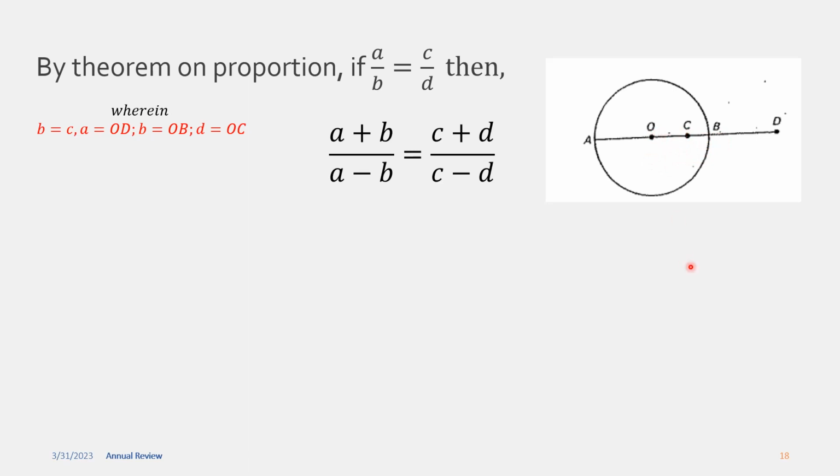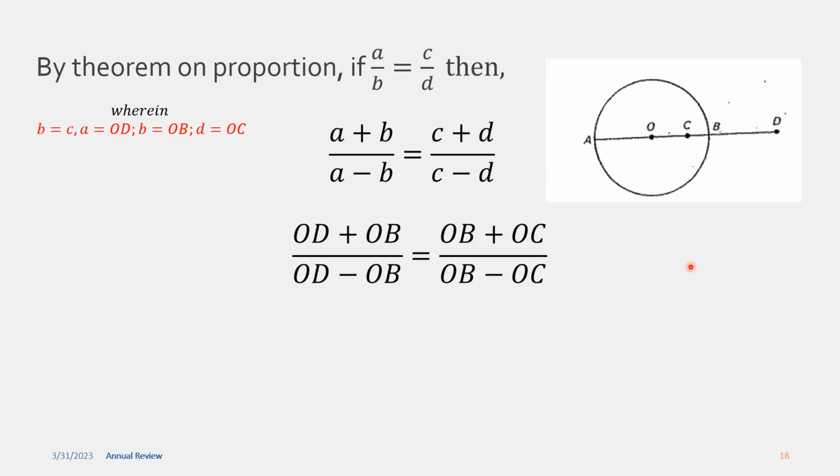Let's substitute these values. OD is A, so OD plus OB, OB is B, all over OD minus OB.